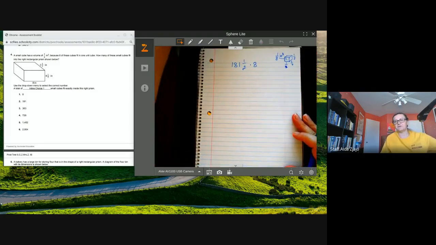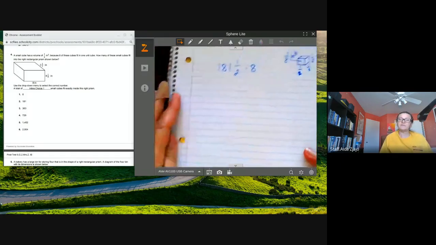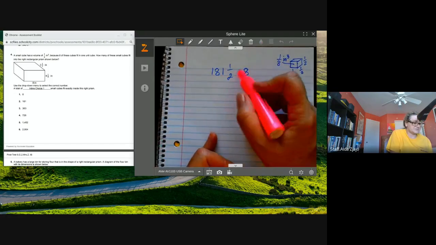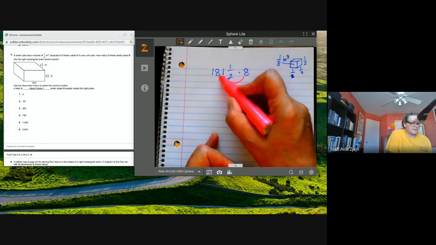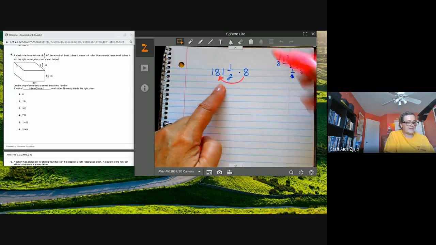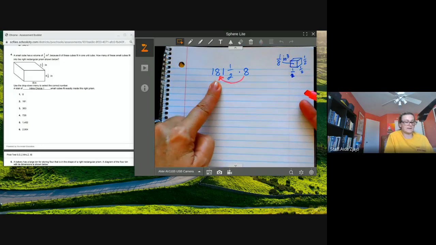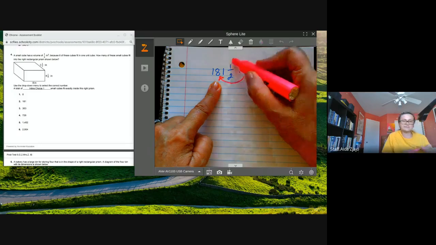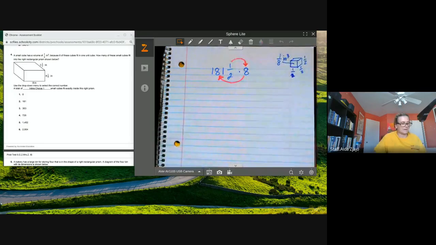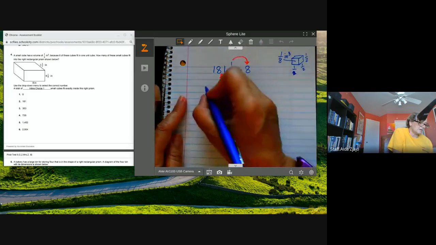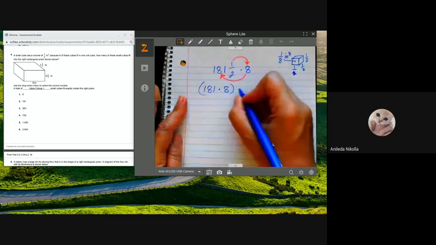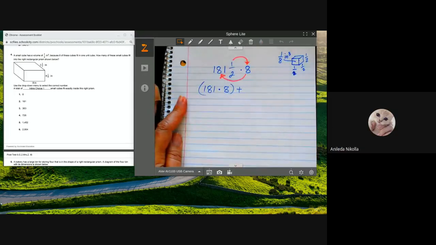So I'm waiting for you to help me figure this out. And it's the same way like you did before. You were using the distributive property. So you can think about 8 times 181, and also what is 1/2 of 8. So I multiply 8 times 181 and 8 times 1/2.